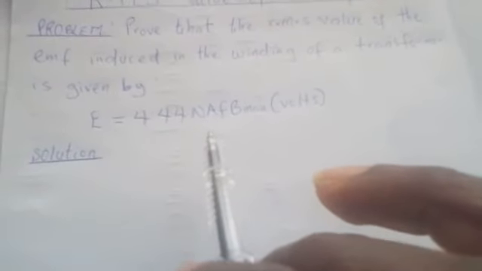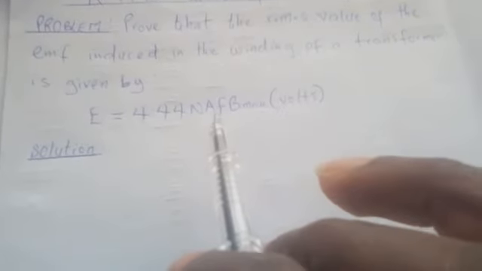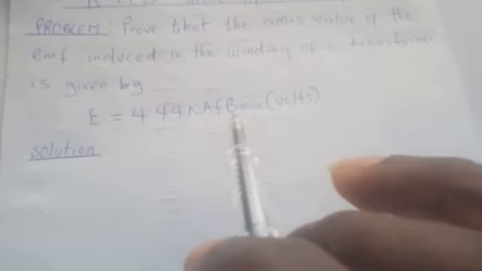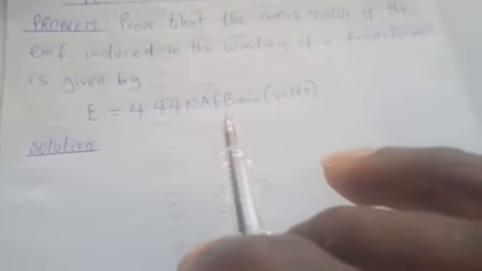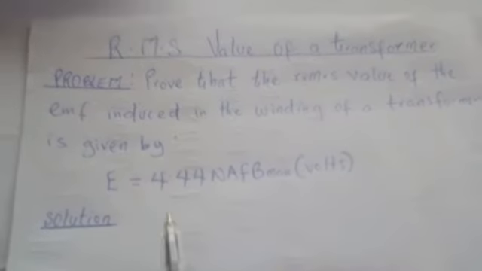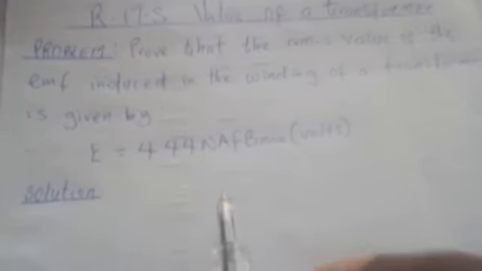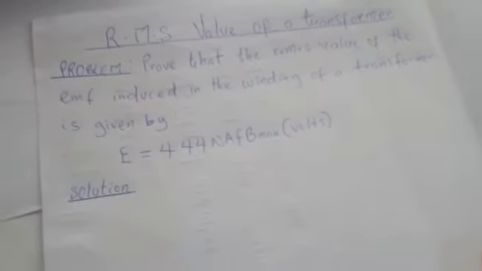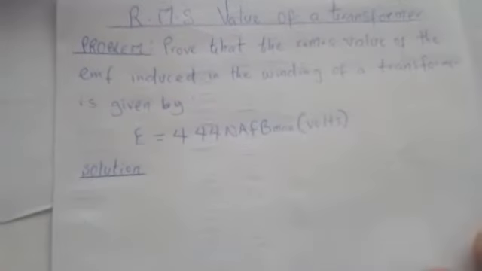Here N is your number of turns, A is the area, F is the frequency, and B is the maximum flux density. All your values are given in volts. So, solution. To start with, I'm going to draw the wave diagram of flux.